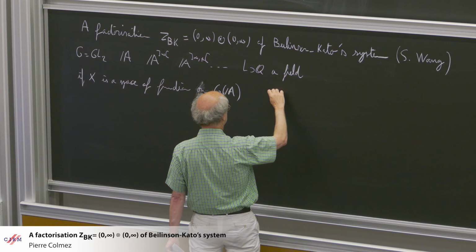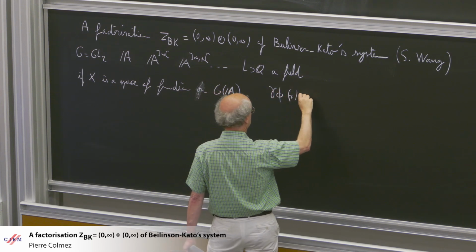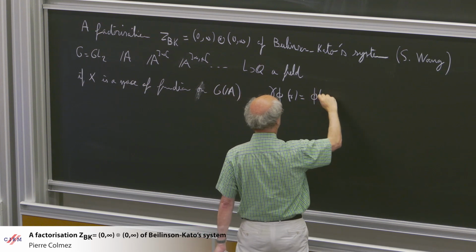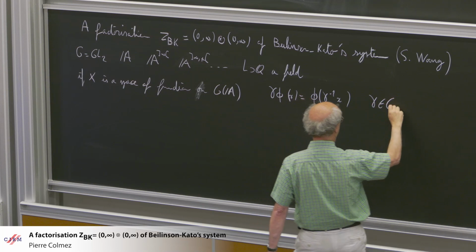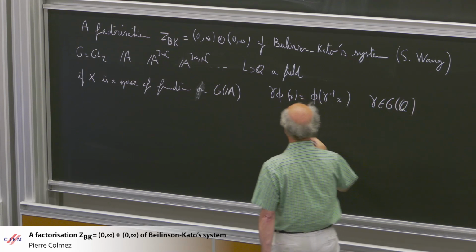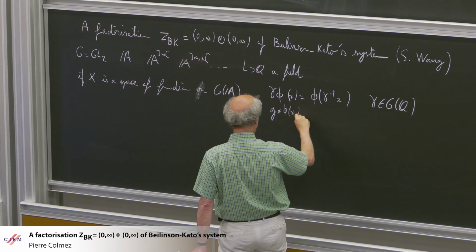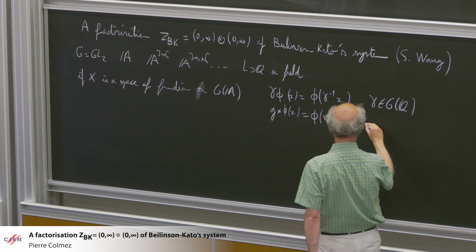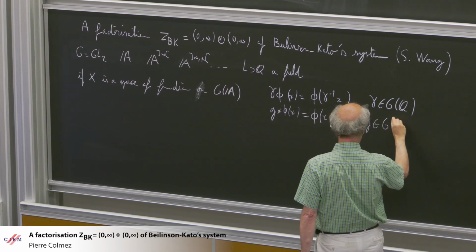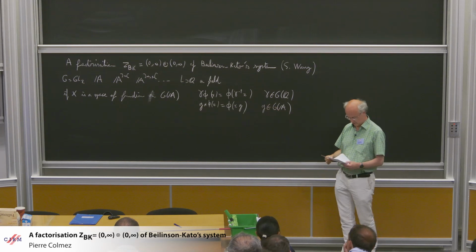You can act on the left, by phi of gamma inverse x, for gamma in G of Q. And you can act on the right, phi of x g, where g is in G of the Adeles. And so these two actions commute, obviously.